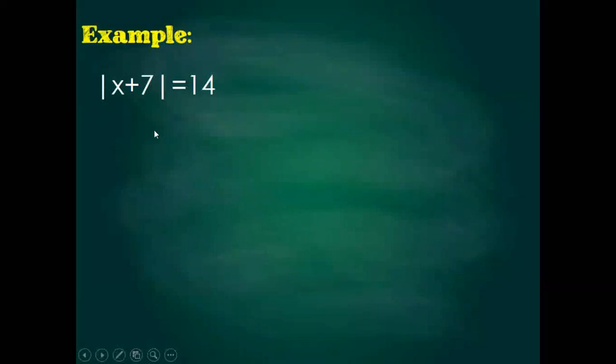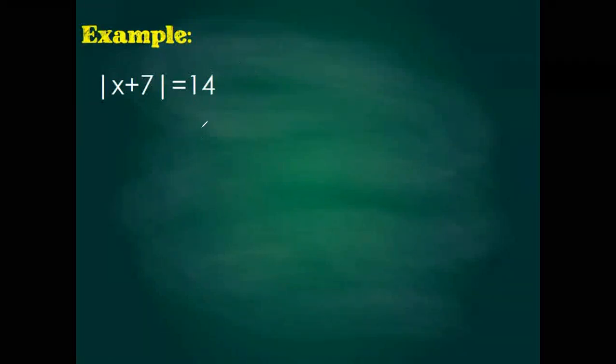So let us have an example: absolute value of x plus 7 equals 14. The first step is to make two equations, equation number 1 and equation number 2.